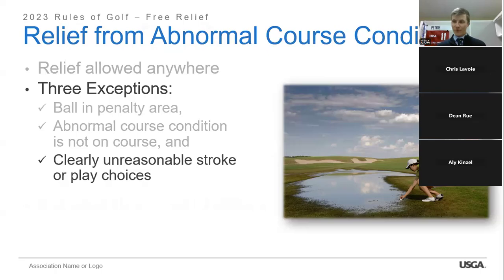And unfortunately, if we can't play it, it's going to be penalty relief to get us out of that situation. Unlike we saw with loose impediments and movable obstructions, if this condition is off the golf course, we're not going to get relief. So again, if we're right on that boundary edge and we're standing in a puddle that's just off the course, that is not going to get us relief, unfortunately.